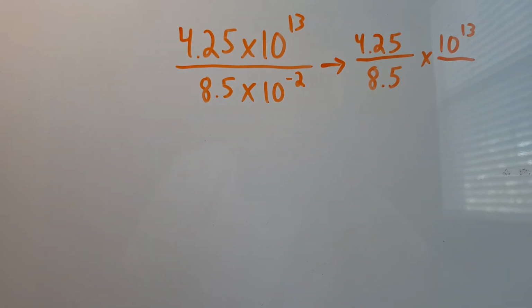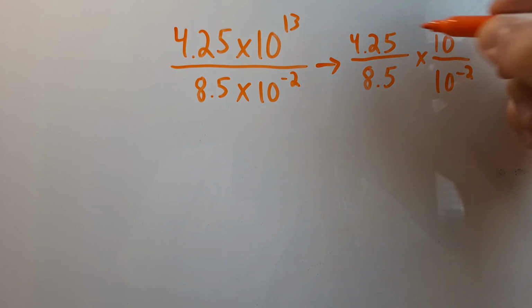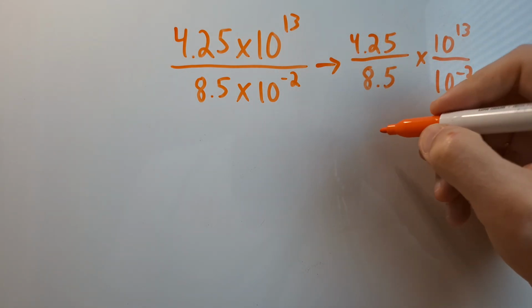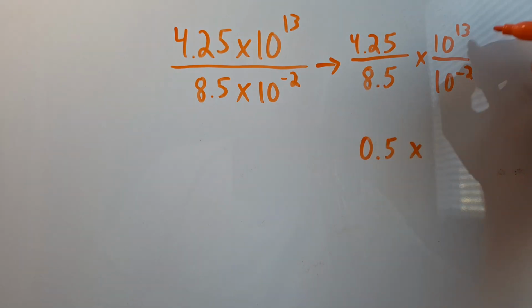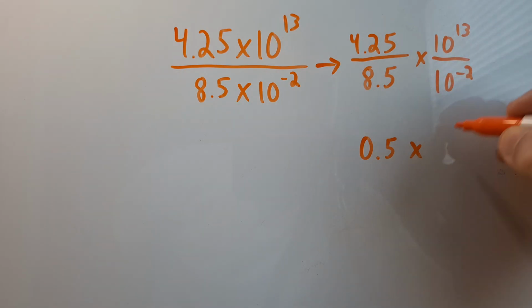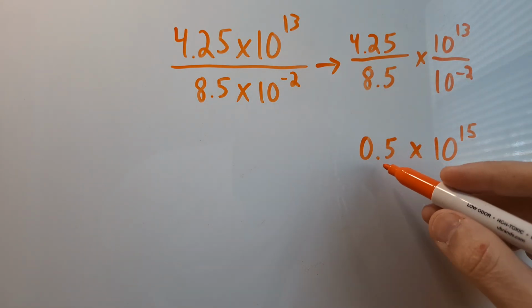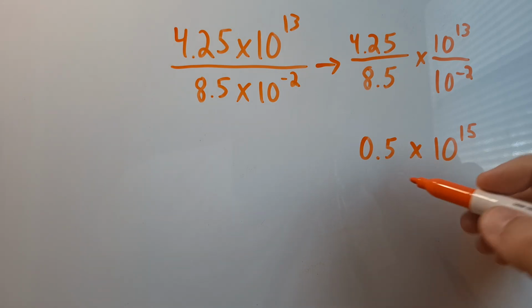So 4.25 divided by 8.5 results in 0.5. So 13 minus -2. Minus a negative, that means this is now 13 plus 2, or 15. So once again, this number is not in between 1 and 10.